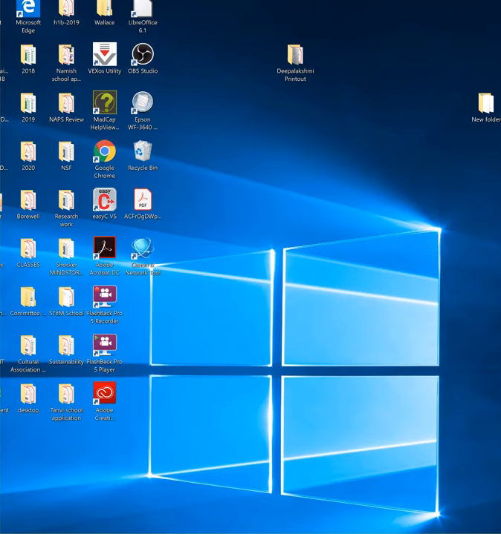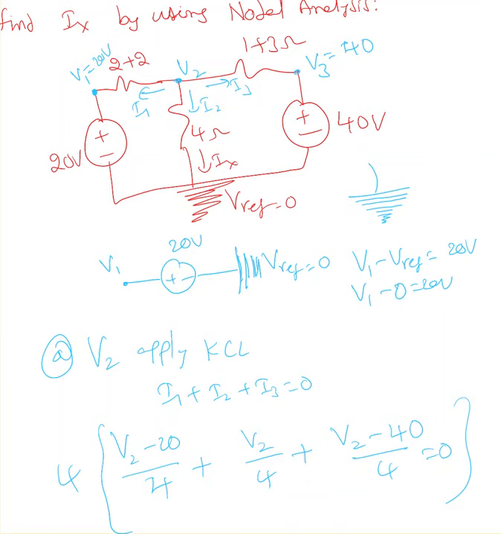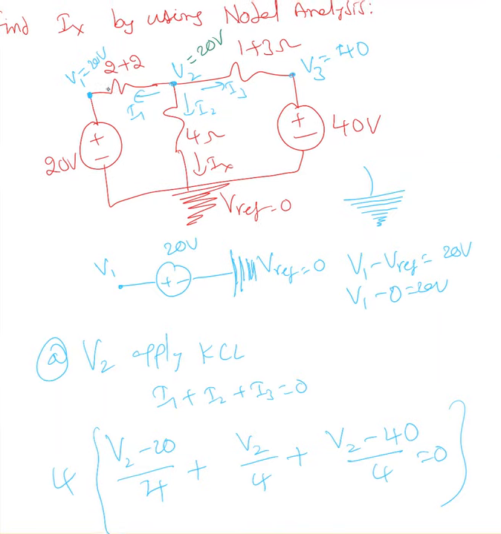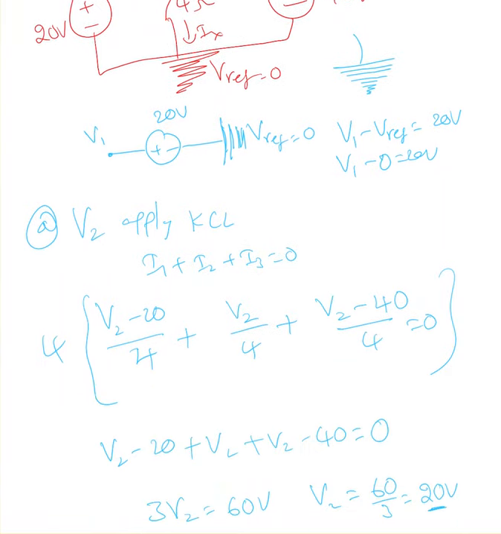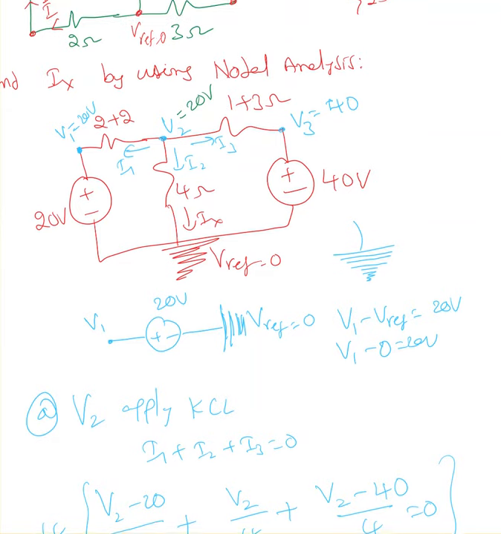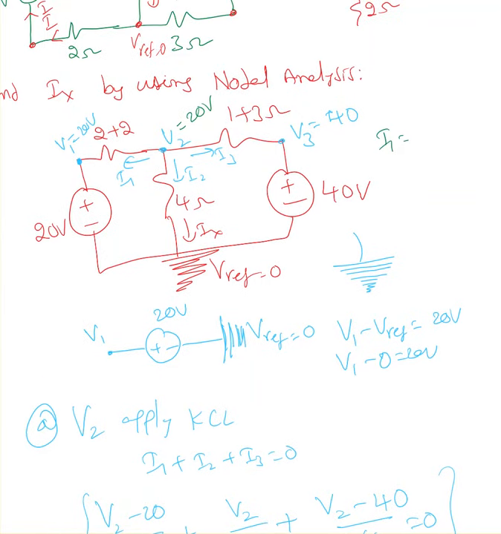The voltage at this point, I found, is 20 volt. That indicates that there is no current passing through this. We can verify that. What is I1? I1 must be 20 minus 20 over 4, that is 0 ampere.